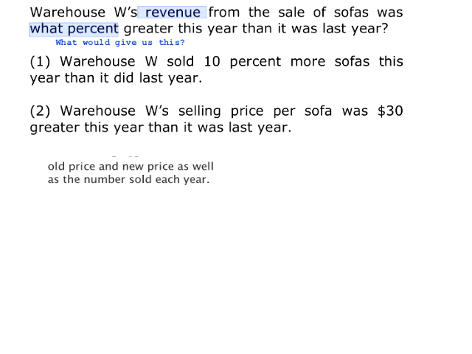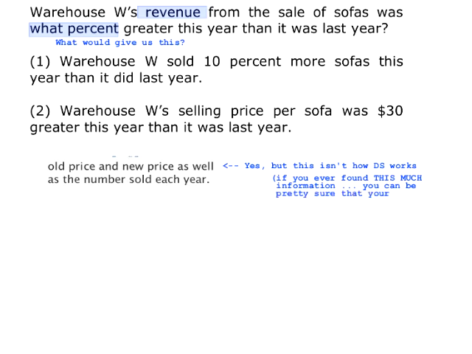Yes, that would tell you that, but this is absolutely not how data sufficiency works. So in fact, if you ever found this much information in one of these problems, you can be pretty sure that your answer is wrong. Because it's probably one of those C trap things, because they just don't do that, right?